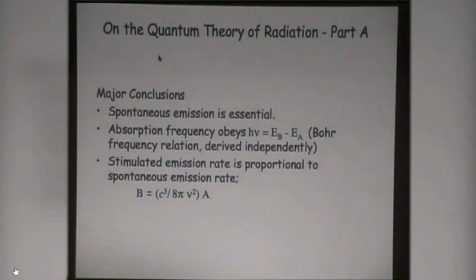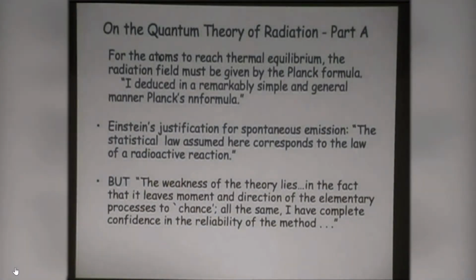So those are the major findings of the first part of this. He also showed, though, what he really set out to find out, that the radiation field had to be given by the Planck formula. He commented, I deduced in a remarkably simple and general manner Planck's formula.